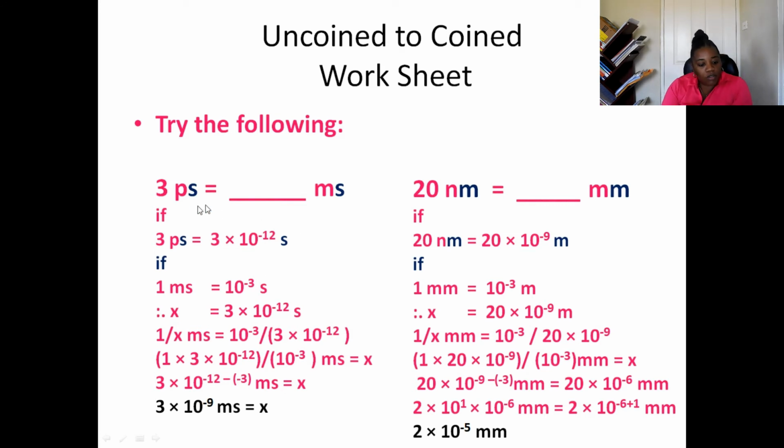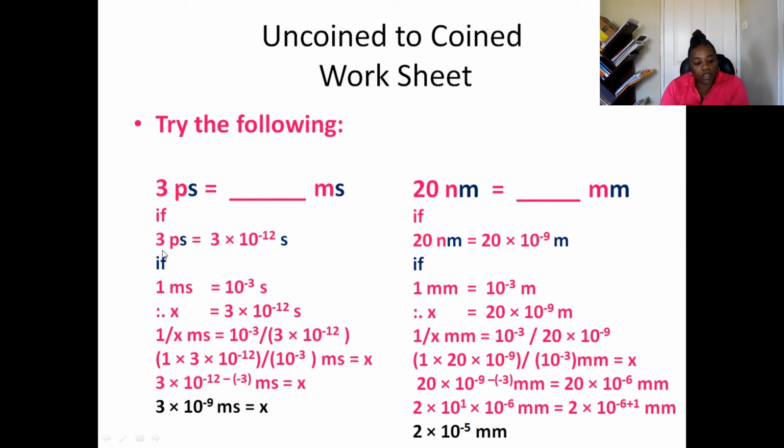So looking at 3 picoseconds equal to whatever milliseconds, you have to solve that. So again, you take the number that they gave you, get rid of the prefix, make sure you have the same root here and here. Once you have the same root, equate them.